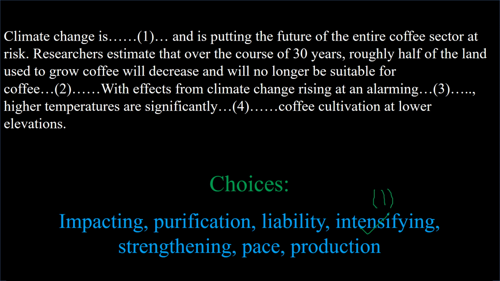Researchers estimate that over the course of 30 years, roughly half of the land used to grow coffee will decrease and will no longer be suitable for coffee. 2 number answer is coffee production. Coffee production with effects from climate change rising at an alarming, 3 number answer is alarming pace.